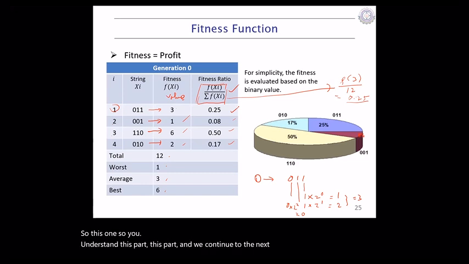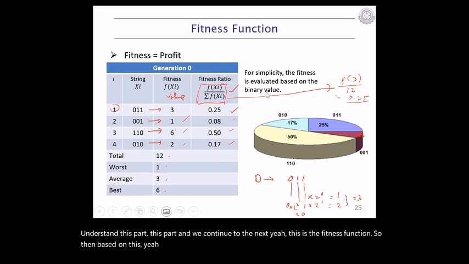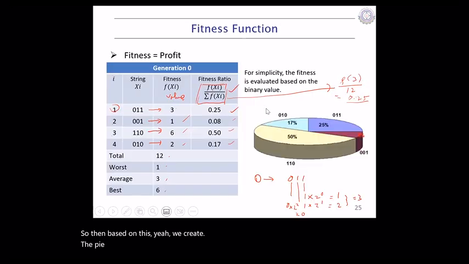This is the fitness function. So based on this, we create the pie chart here, for each fitness ratio, the possibilities for each.